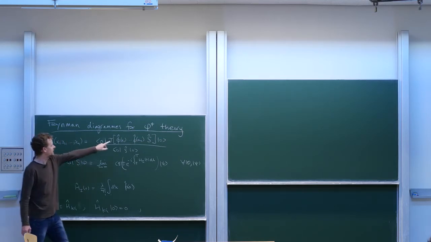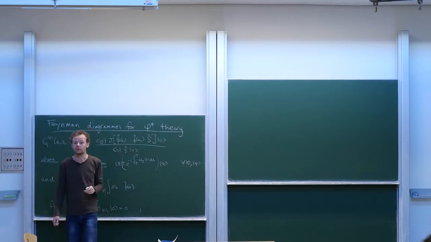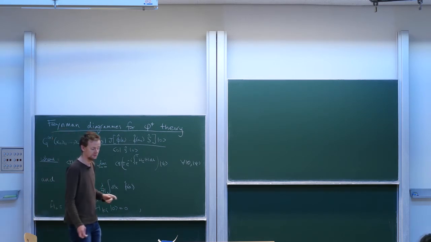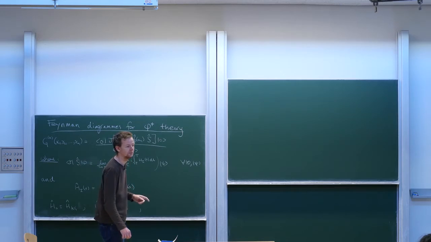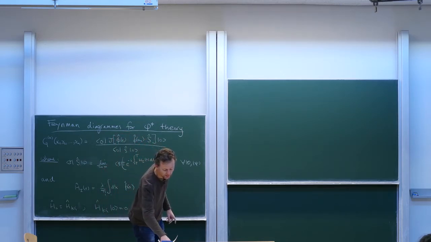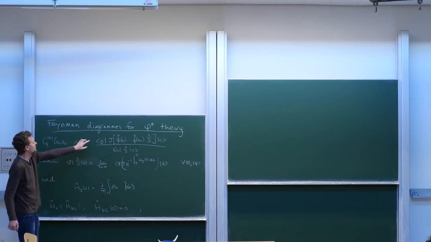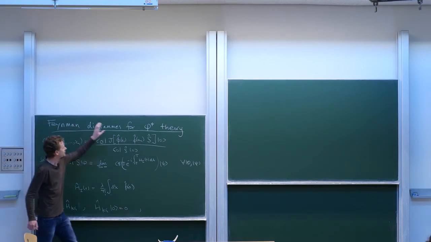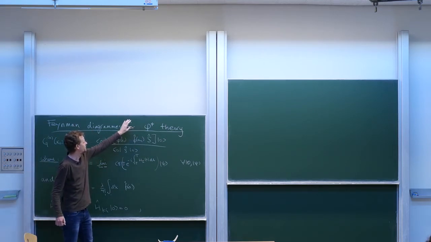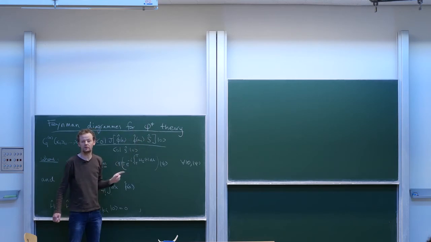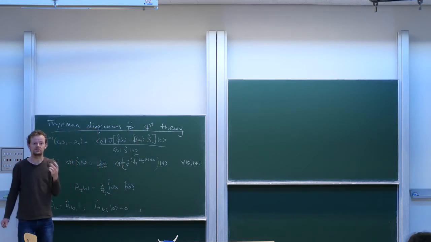So for various reasons, we're going to focus on something called phi-4 theory. I won't go into those reasons really in this course, but hopefully in the next course on quantum field theory, you'll learn why that's a reasonable theory to look at. And we want to study these objects for phi-4 theory, but in the context where an interaction term given by a fourth order power of the field operator is very small.